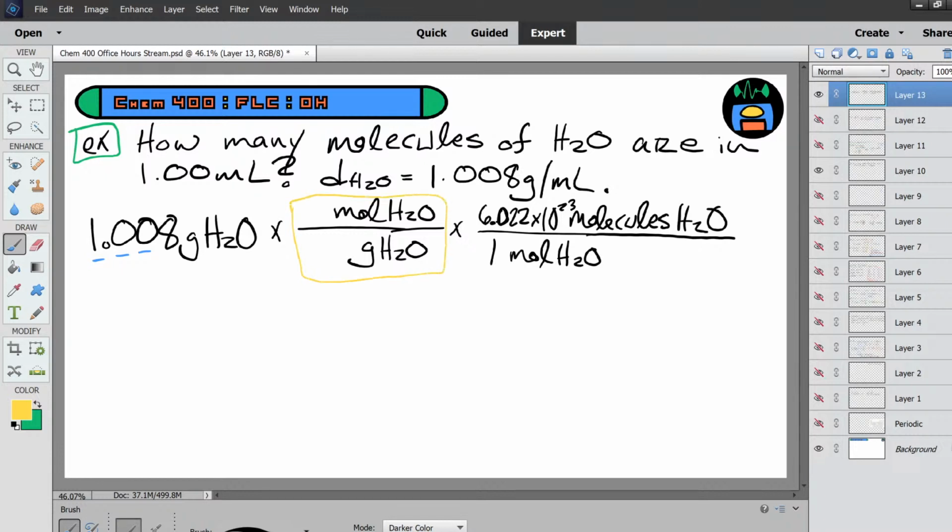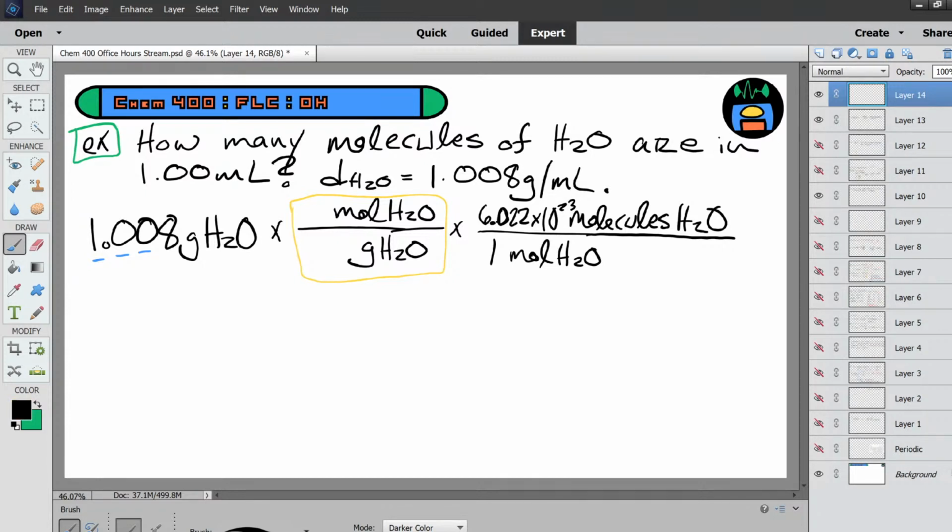When we were doing atoms earlier today in lecture, we had, say, 5 grams of copper. We could use the atomic mass to convert from grams of copper to moles of copper. But you will not find H2O on the periodic table because the periodic table only has elements. It doesn't have molecules. So to find the unit conversion to go from grams of a molecule to moles of a molecule, you have to calculate what is called the molecular mass.